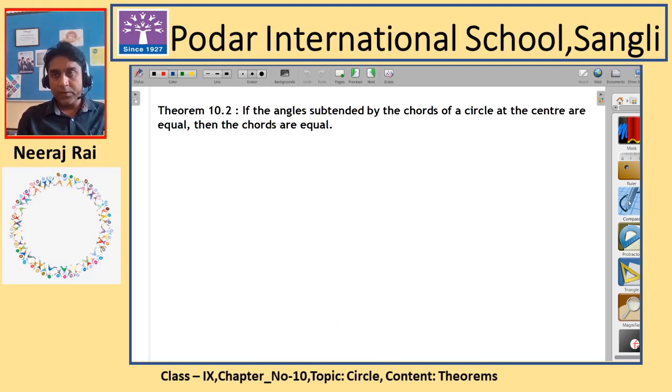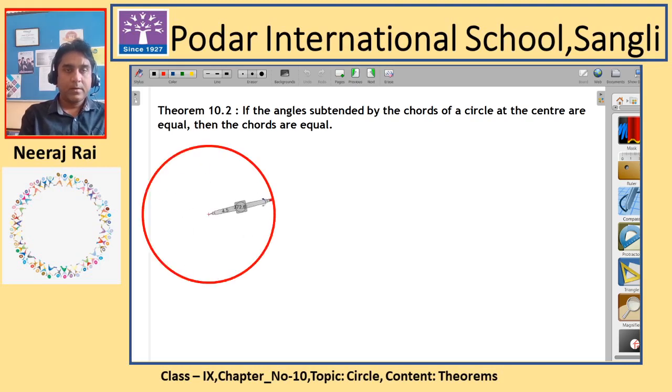So let us draw the figure so that it will give you more clarity about what it is saying. This is your circle. The figure will be the same, there will be no change in the figure. We'll draw two chords.